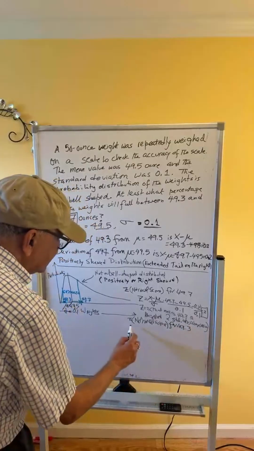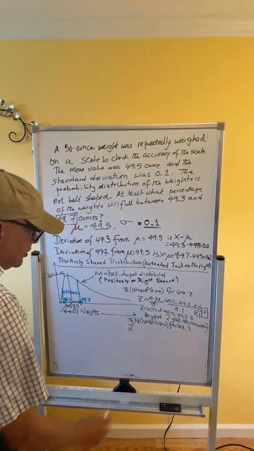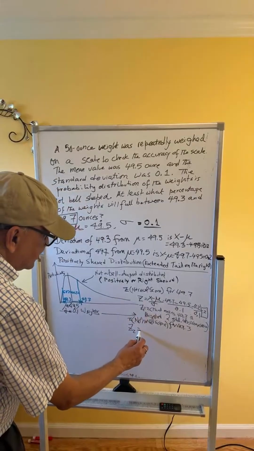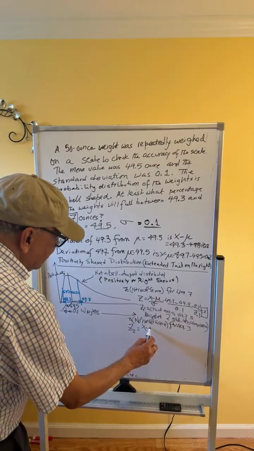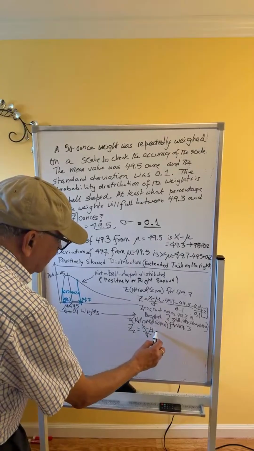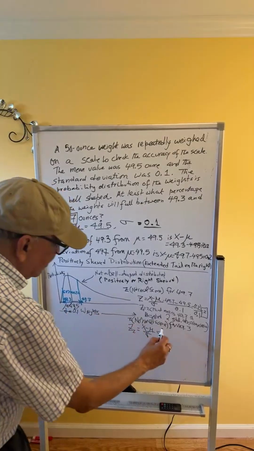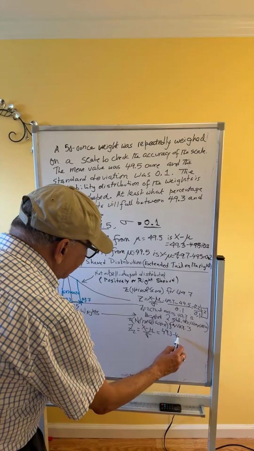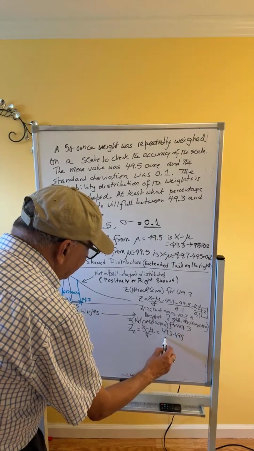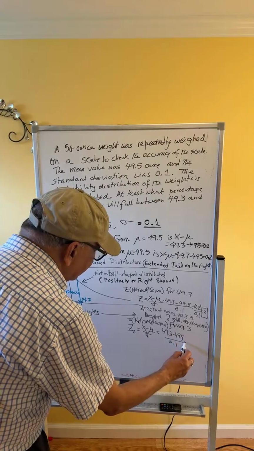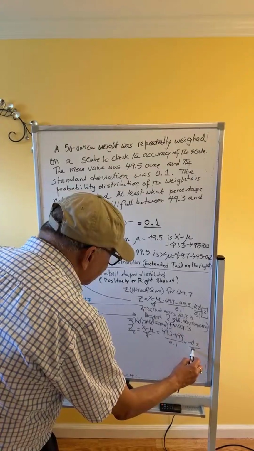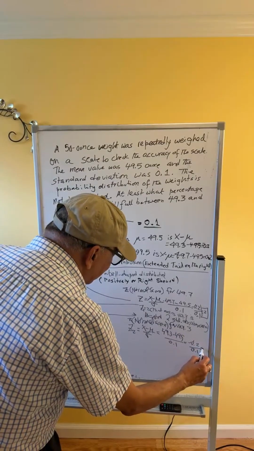That is also Z equal to, let's call this Z1 and this Z2, is x minus mu divided by sigma. Now here x is the number below the mean: 49.3 minus 49.5 divided by 0.1, or minus 0.2 divided by 0.1, is minus 2.